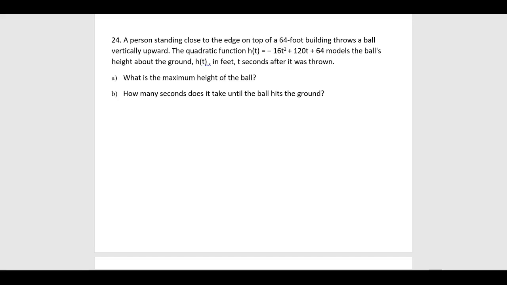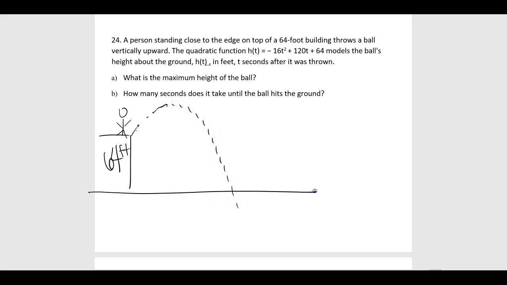Let me sketch what's going on. So we've got a 64-foot building. The person is standing like here. And then they are going to throw a ball vertically upward. So they're going to throw it up, and it's going to eventually drop, right?